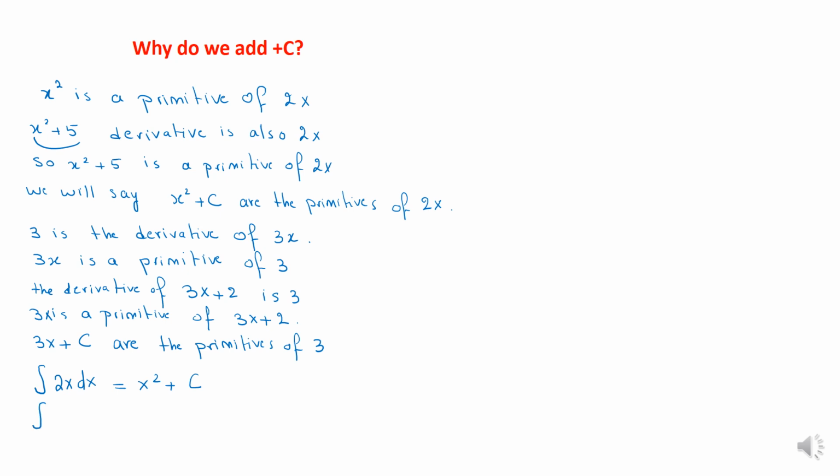Integral 3 dx is equal to 3x plus c, and so on. So this is what we meant by the title, why do we add c? We add c to all primitives in order to generalize, because a derivative has more than one primitive.